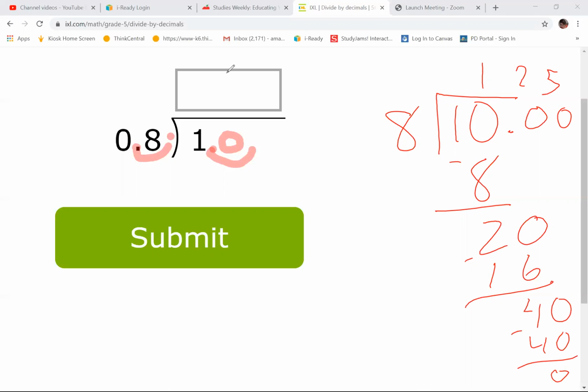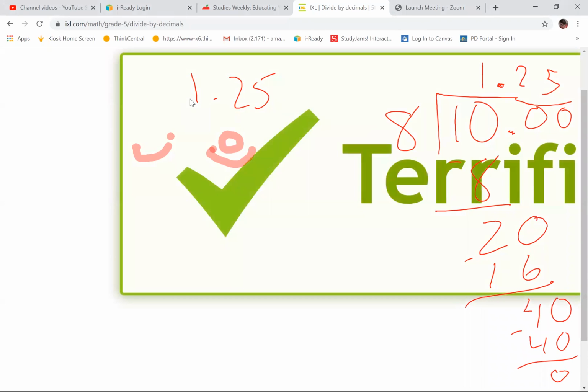My answer is not 125. What is my answer? 1 and 25 hundredths. Remember that decimal has to come straight up. So 1 and 25 hundredths, 1.25 is my answer. Terrific.